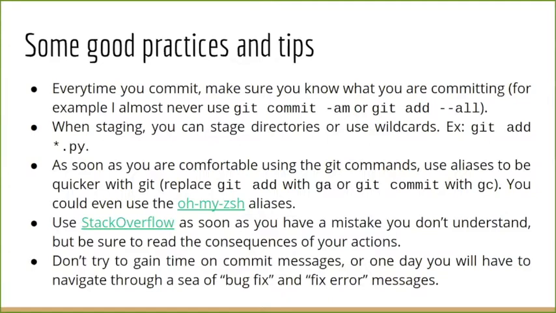So I said that you could always use wildcards for the staging. And another thing is, as soon as you're comfortable with the Git commands, you should definitely try to use aliases that will be much more efficient for you when you use Git. So typically, git add can be kind of long to type.